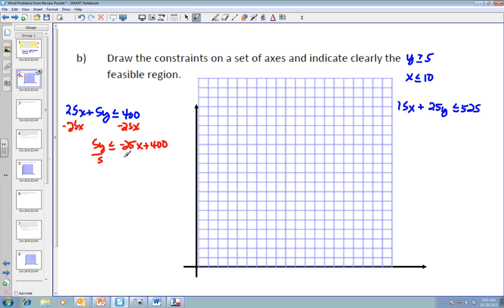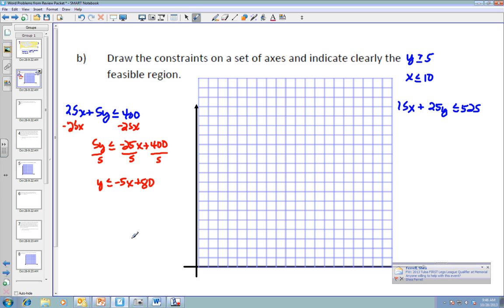Divide everything by 5. So I have y is less than or equal to negative 5x plus, what is that, 80? Okay, so that's one.